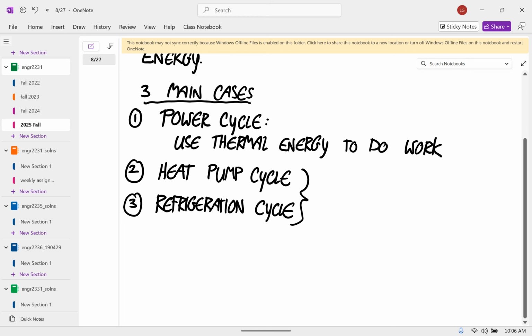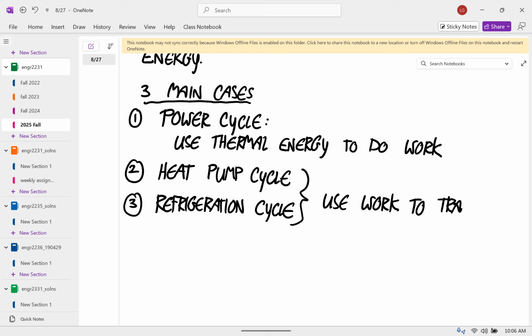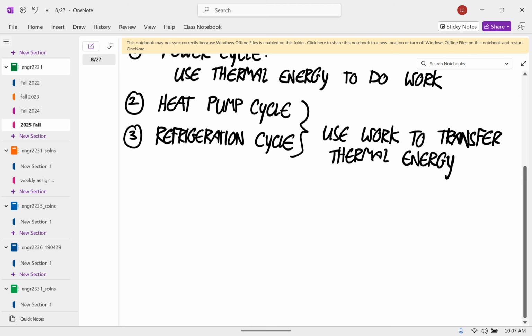And so what we're trying to do with the heat pump cycle and the refrigeration cycle is to use work to transfer thermal energy. And in both cases, it's sort of the same principle. In all three of these cases, it's sort of the same principle that we're going to use to do it.